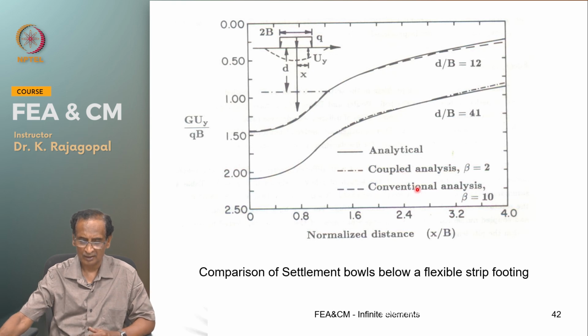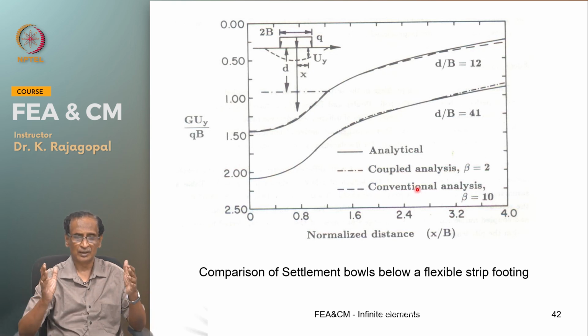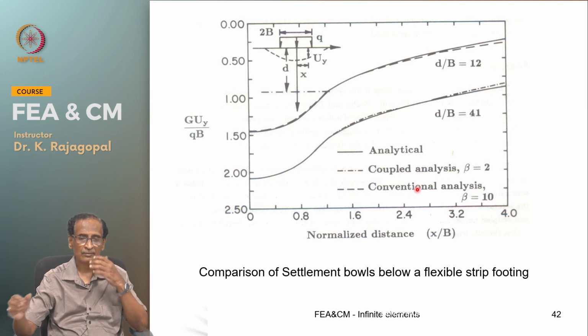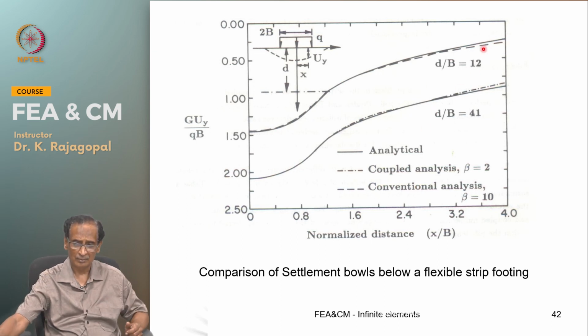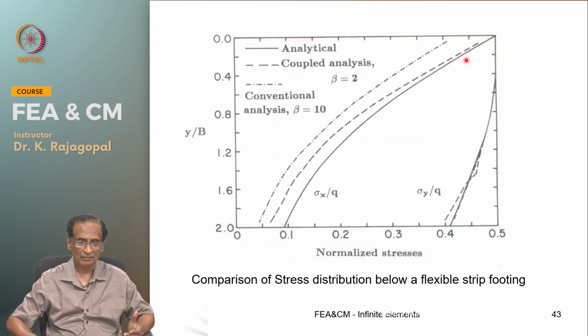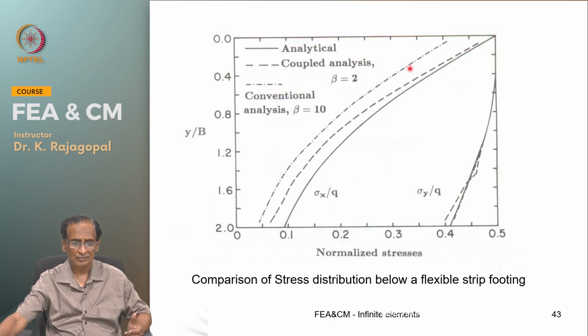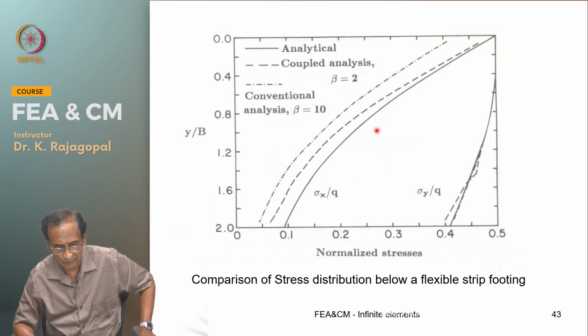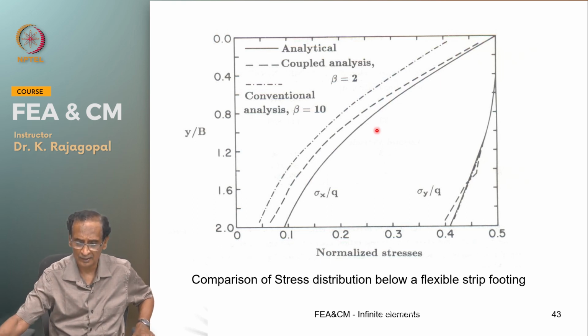Although the boundary is fixed at 10 times, there is a slight difference. It is not coming out exactly as 10 because of the numerical errors, and these are the predicted stresses. The black lines are the analytical stresses, and the dashed lines are from different finite element analyses.